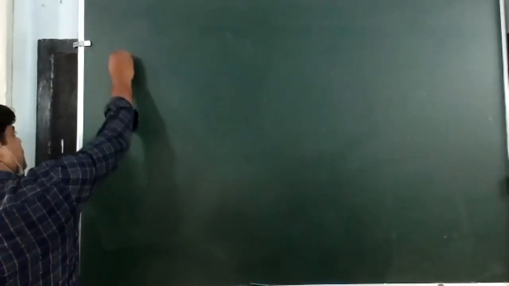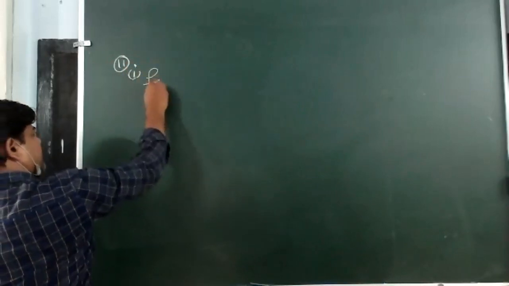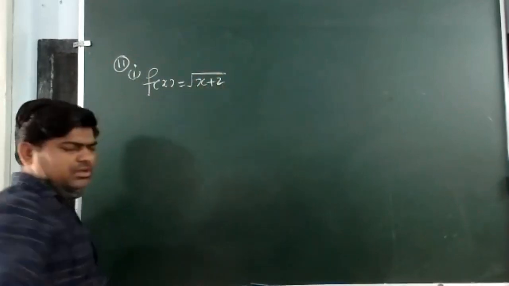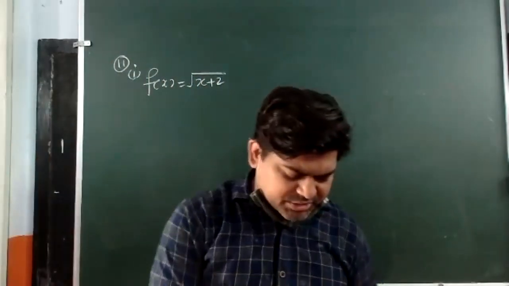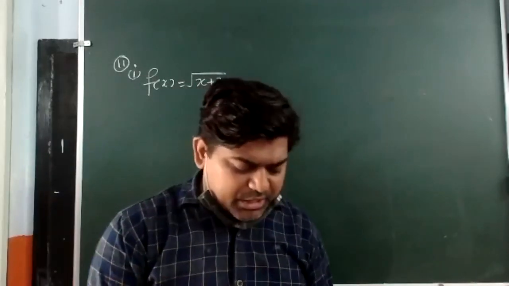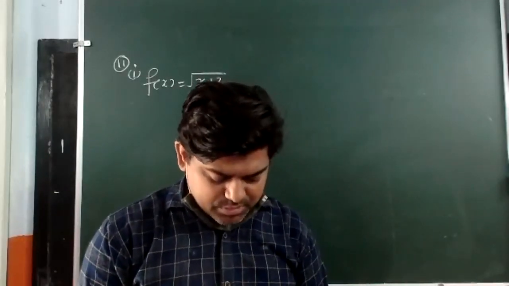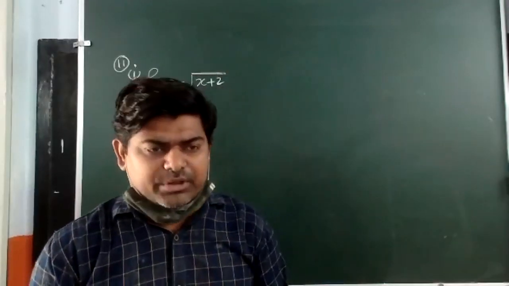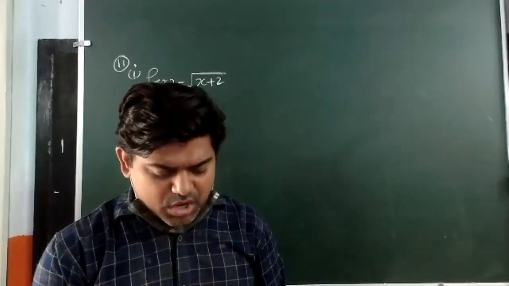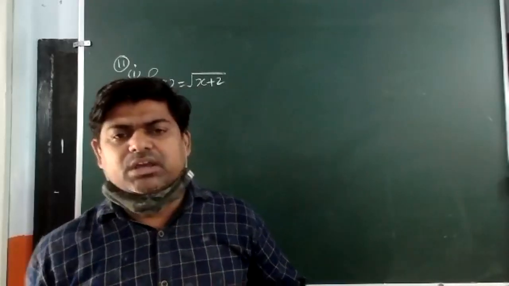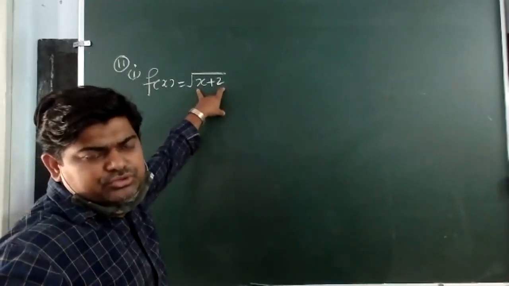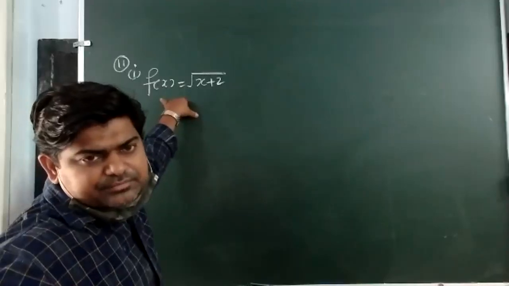See, question number 11, the first part is f(x) is equal to under root x plus 2. And see carefully in the question what has been given: find the domain and range of this function. As I told you, for the domain we have to take the values of x for which it is real. Now tell me, if x plus 2 is greater than or equal to 0, then f(x) will be defined or not?